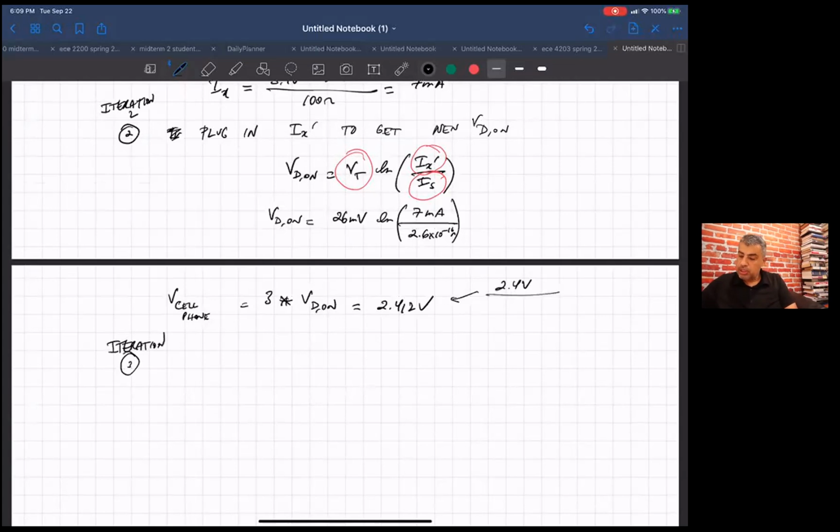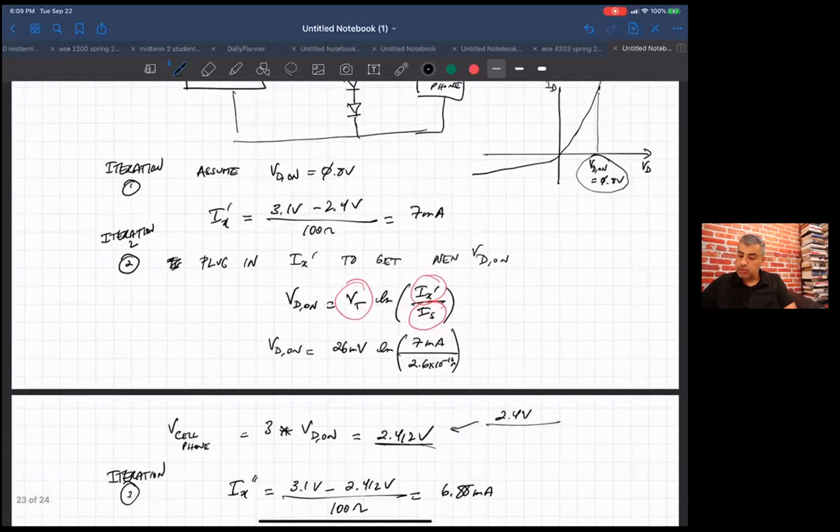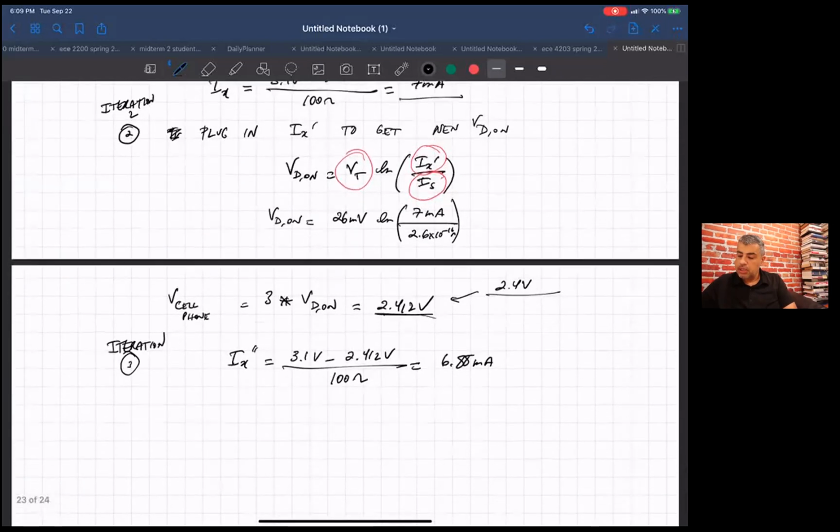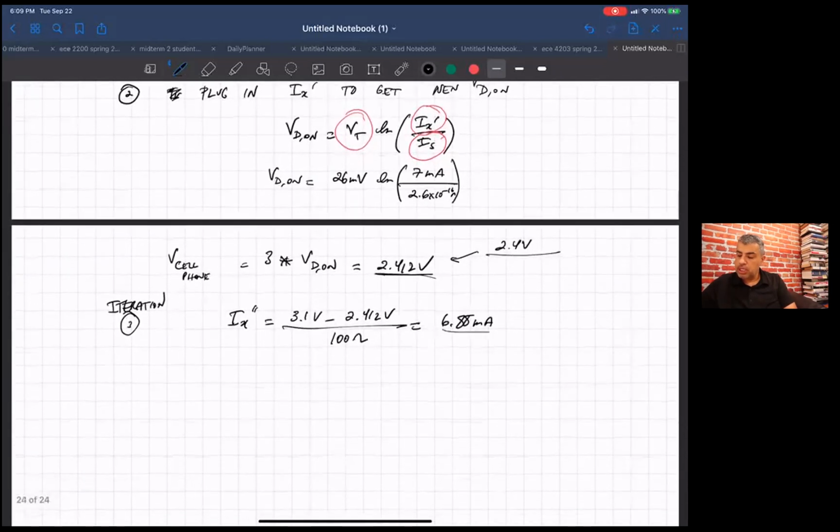We plug this voltage in and find Ix prime is 3.1 volts minus 2.412 volts over 100 ohms. That equals 6.88 milliamps. Our first guess was 7 milliamps, and when we iterate, it looks like it's 6.88 milliamps.